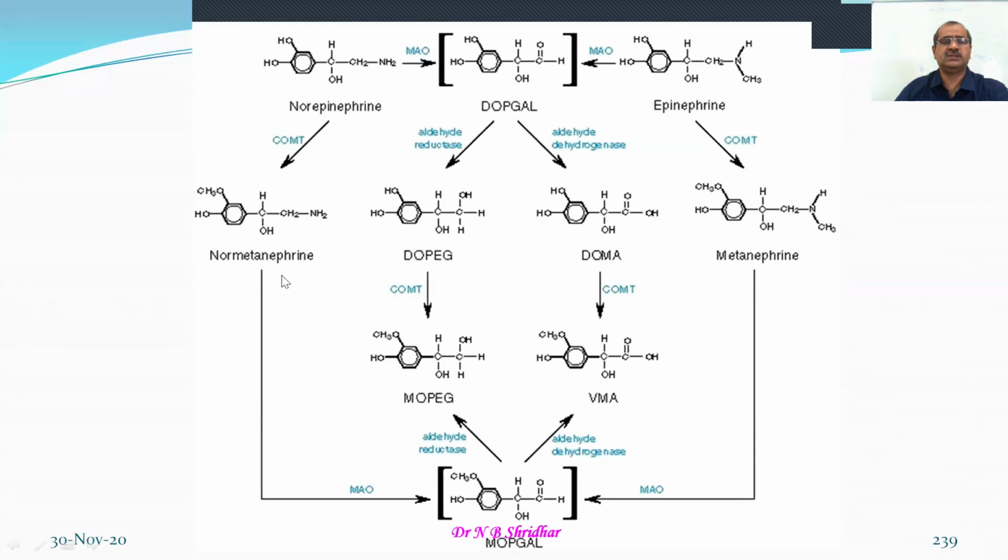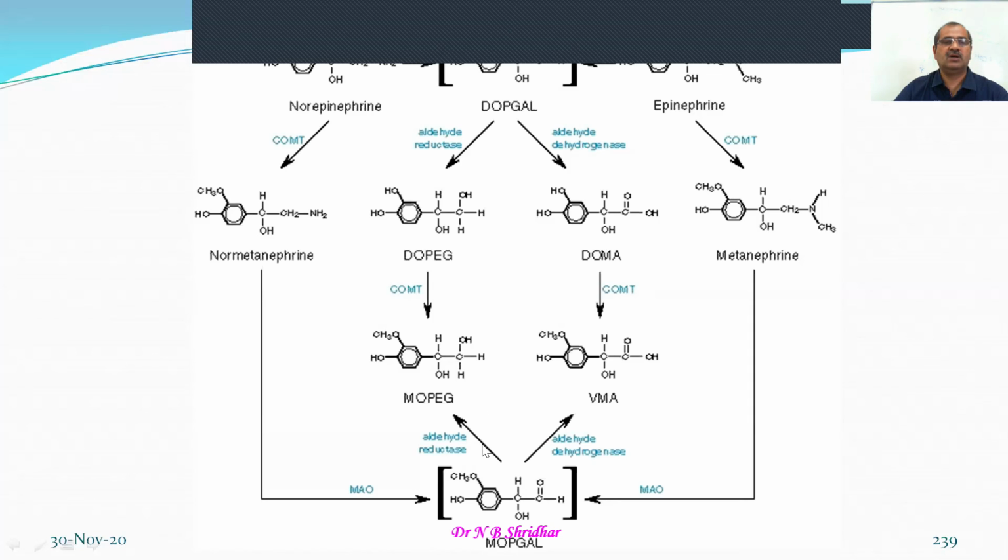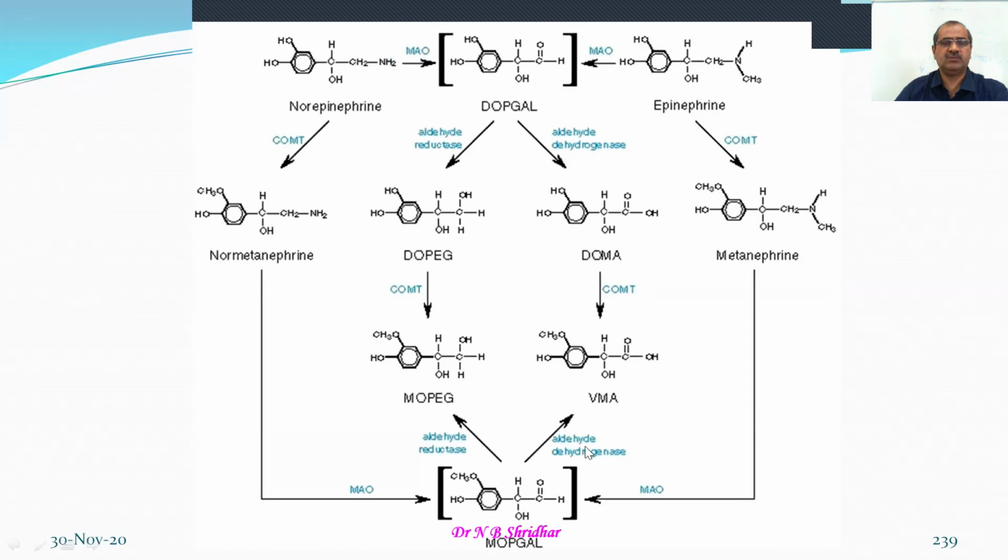Normetanephrine and metanephrine are both acted on by monoamine oxidase to form MOPGAL, and both of these go to aldehyde reductase and aldehyde dehydrogenase to give MOPEG and DOPEG, which is caused by the aldehyde reductase enzyme. Ultimately they give vanillylmandelic acid, or VMA, and are secreted in the urine.